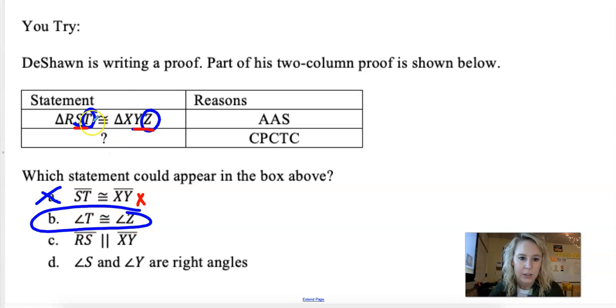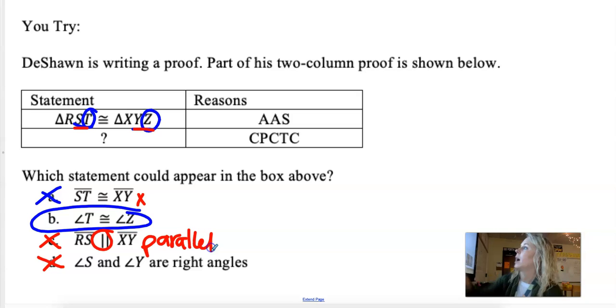T and Z are the last letters, so they matched up, so they're corresponding parts, so I could prove that. Okay? And then again, C and D don't make any sense because I have to prove angles or sides, and C is not an angle or a side, it's parallel, and CPCTC does not prove right angles. It would just prove either angles congruent or sides congruent.